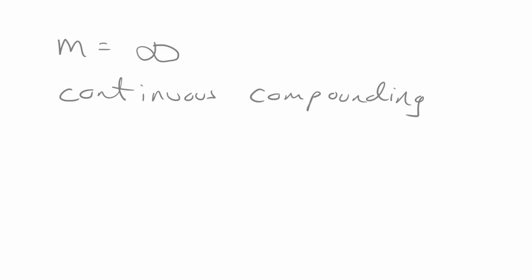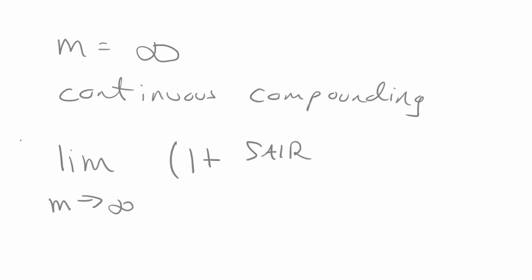It's not too hard. So we ask ourselves, what is the limit as m goes to infinity of our future value formula? 1 plus the stated annual interest rate, which holds constant, divided by m to the power m. What is this? Well, it has a name. We can calculate it. It is the exponential.